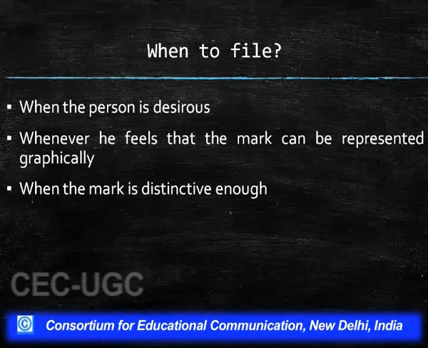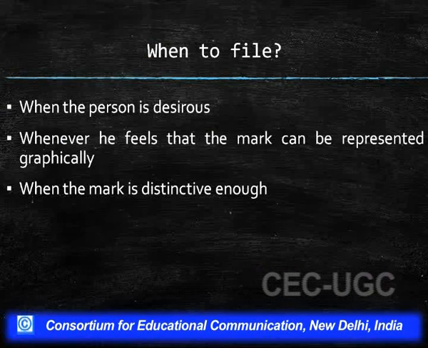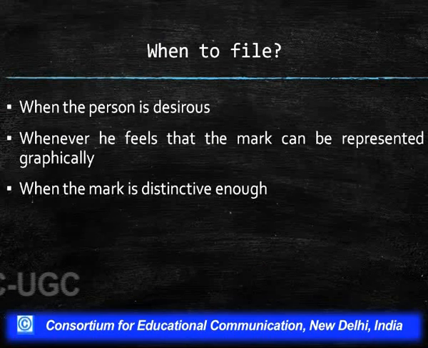Another point, whenever we talk about when to file the trademark registration: when the mark is distinctive enough. So what does distinctiveness mean? Well friends, I discussed it earlier also in a very elaborate manner, that distinctiveness here means the capacity of the trademark to distinguish the goods or services of one person from the goods or services of another person.